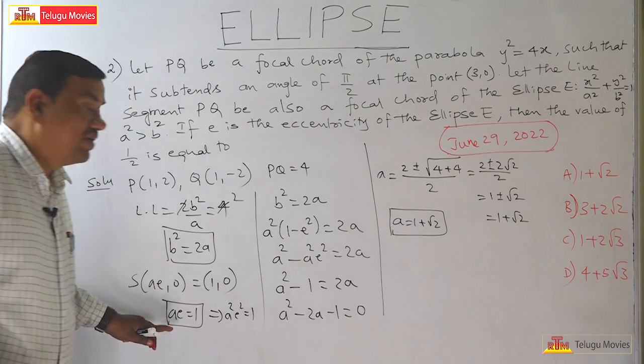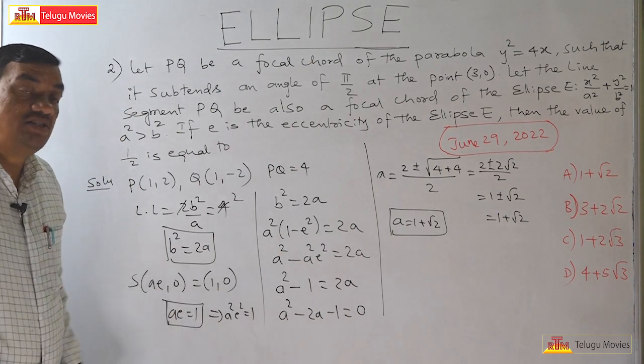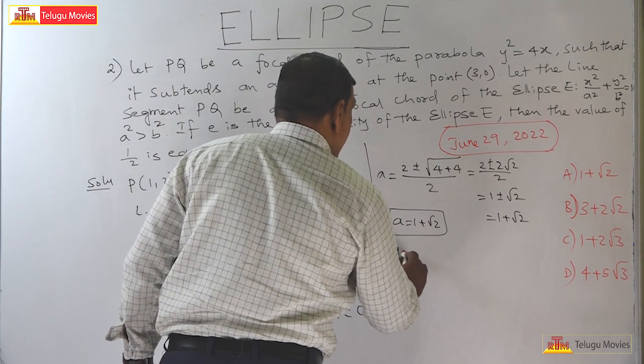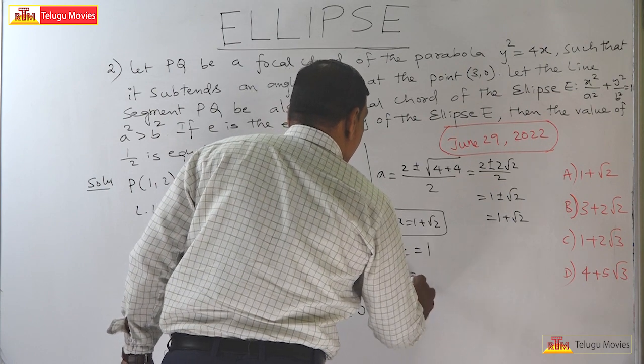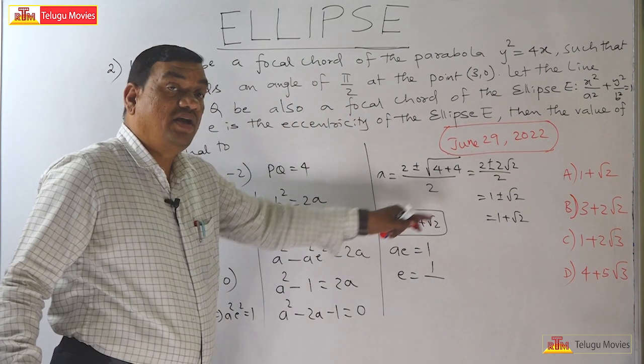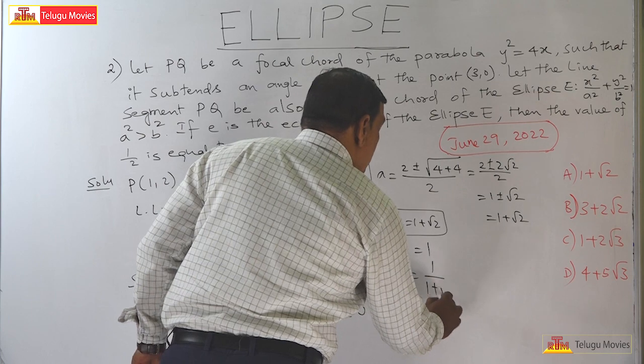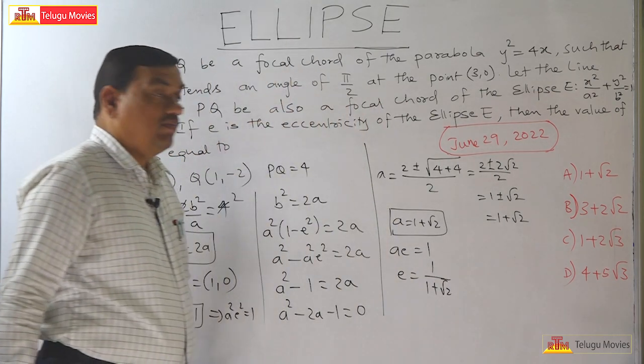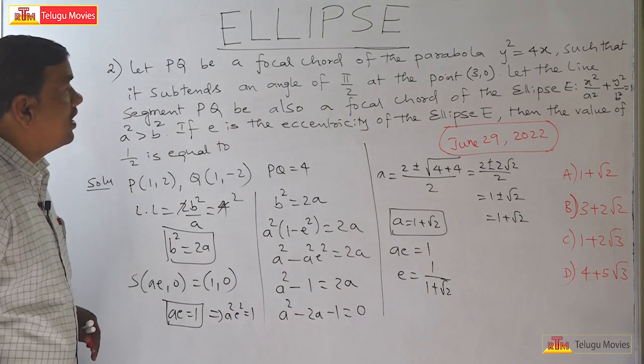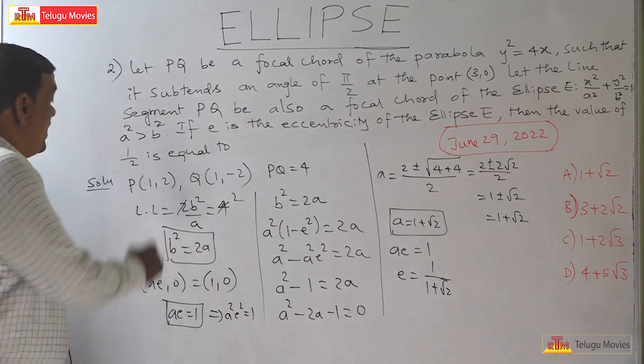Here one relation we got: ae is equal to 1. Therefore, e is equal to 1 by a, which is 1 by 1 plus root 2. We want the value of 1 by e square.